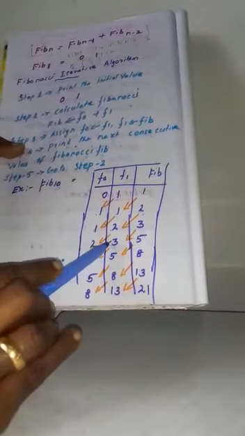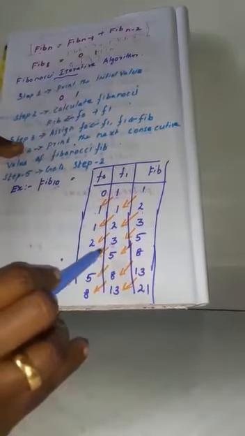Then 3 plus 5 equals 8. Then 5 plus 8 equals 13. Then 8 plus 13 equals 21.